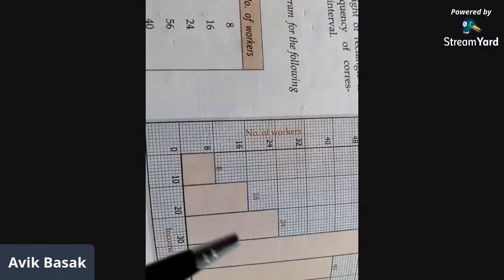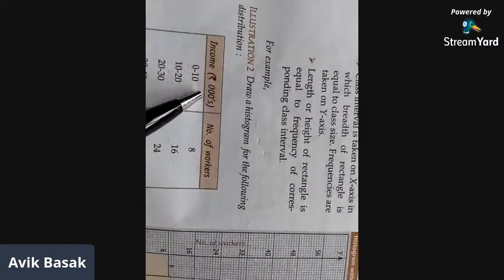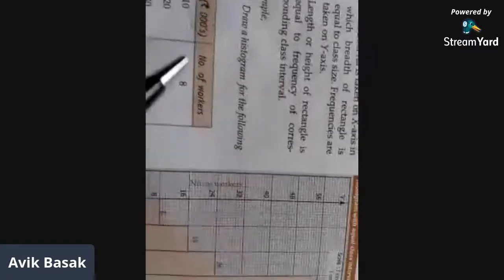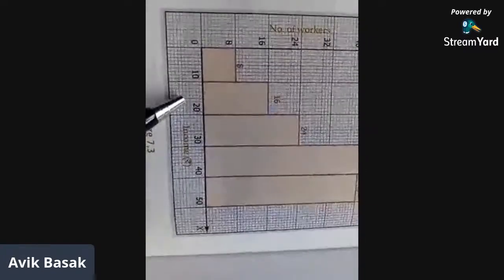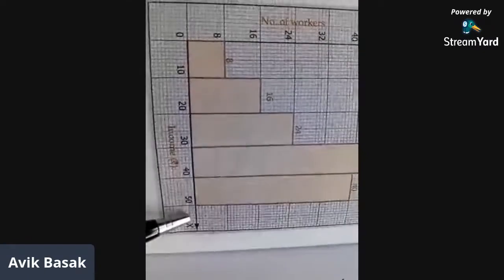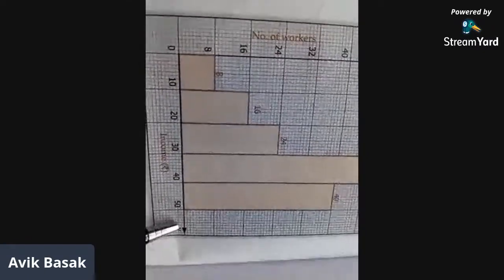Okay, and 1 centimeter equals 10,000 rupees income. Here it has given 10,000. Now since it is written in thousands, you have to write it in thousands, but for simplicity they have taken 10, meaning 10,000 for 1 centimeter.